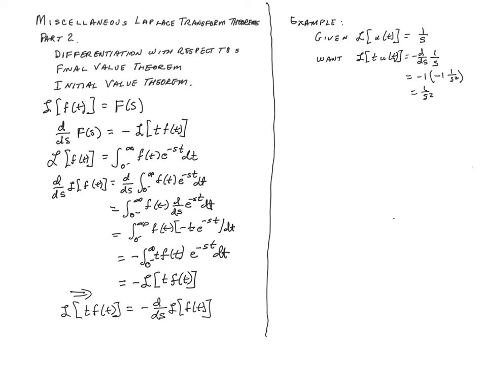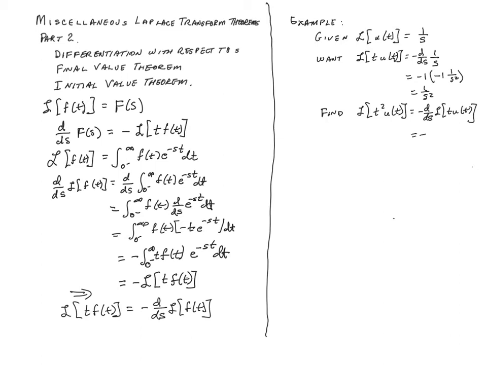If we want to find the Laplace transform of t squared u of t, then this is minus d by ds of the Laplace transform of t u of t.